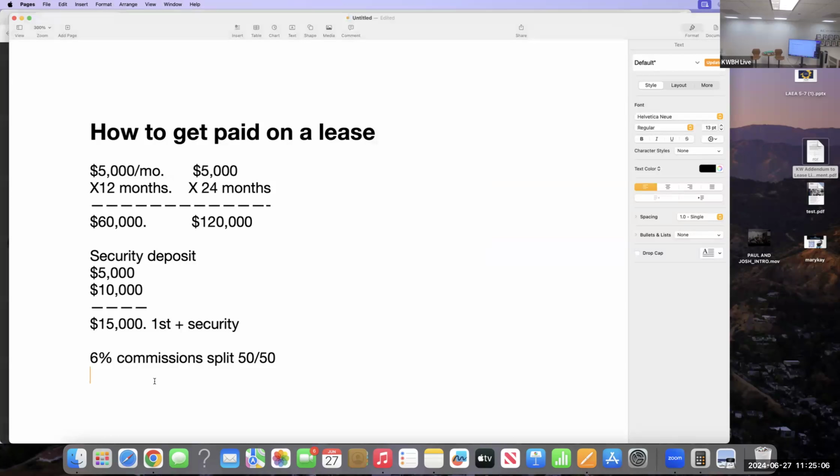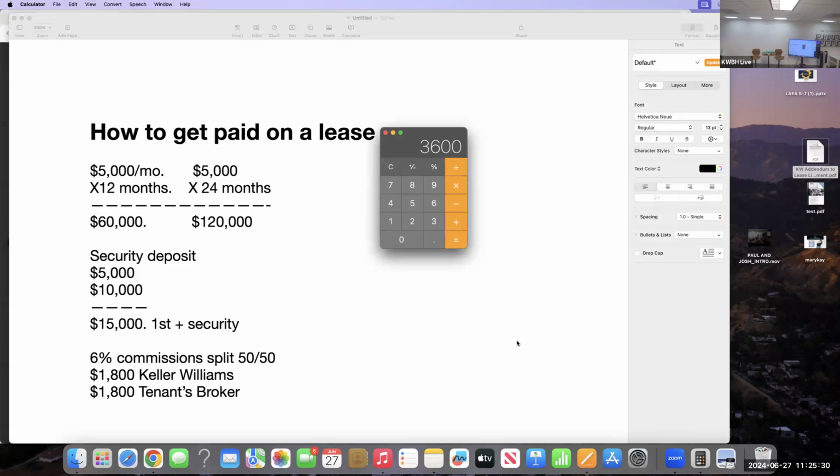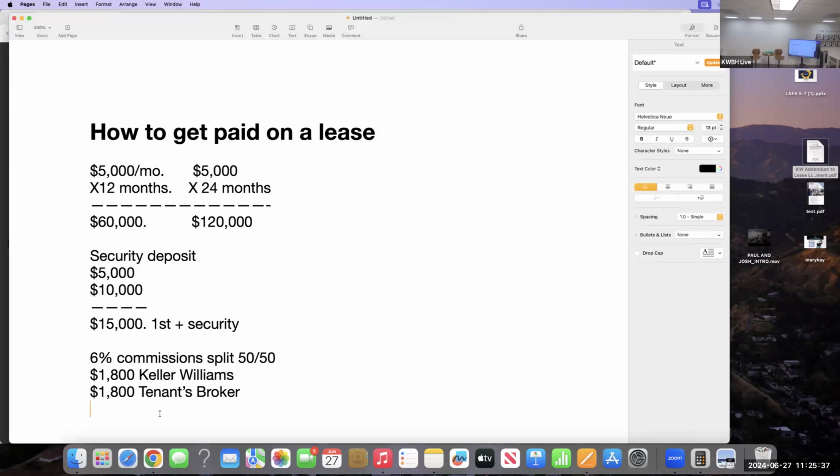That means if I'm splitting it, it's $1,800 to KW, to Keller Williams, and $1,800 to the tenant's broker. And now instead of the landlord getting $15,000, it's $15,000 minus $3,600, which comes out to $11,400.